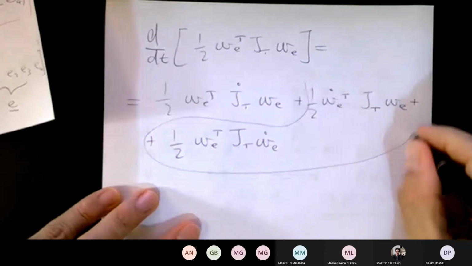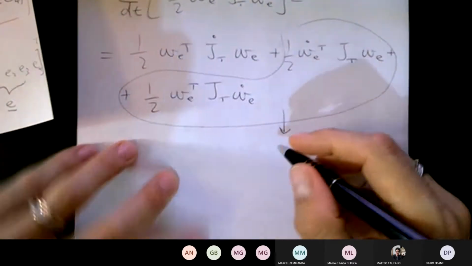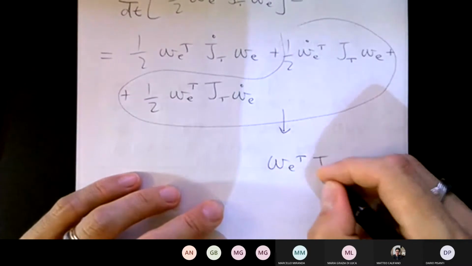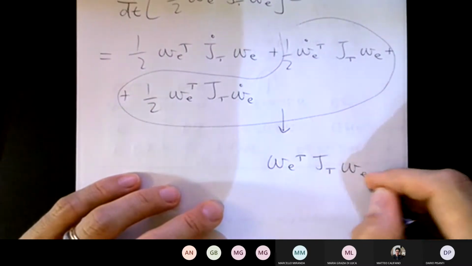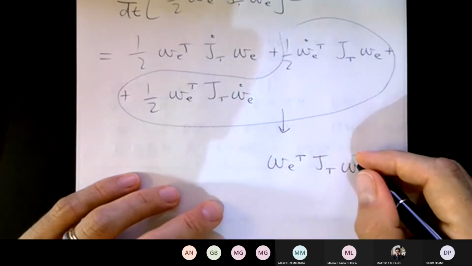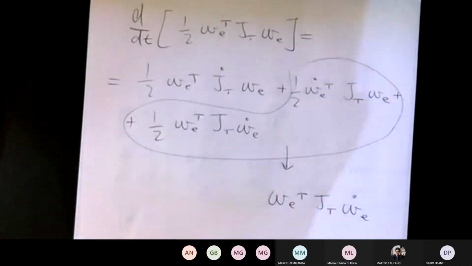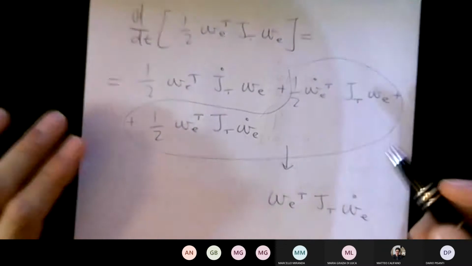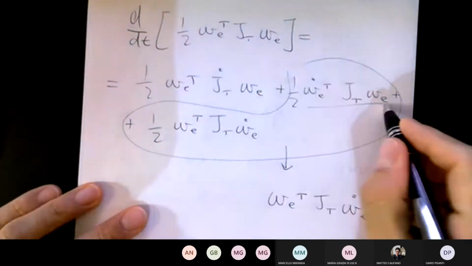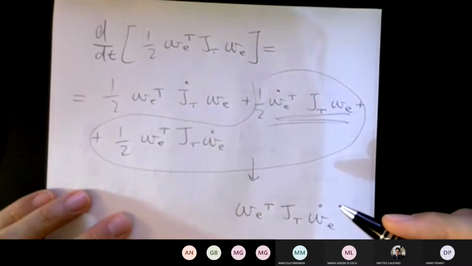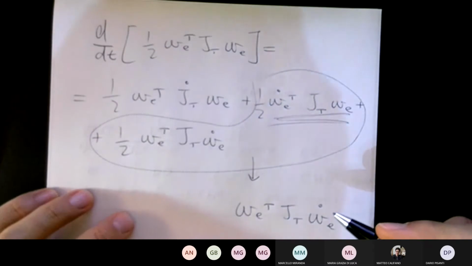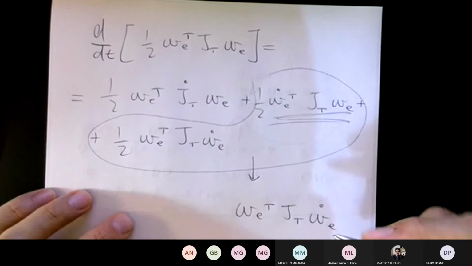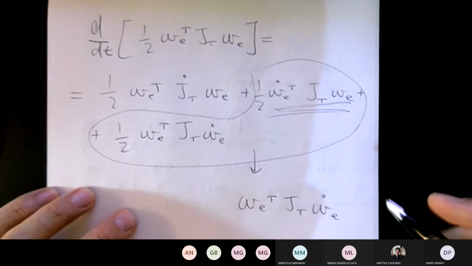So what I'm claiming is that these two are equivalent to omega E transpose J total omega E dot. This can be proven by taking this quantity here and applying the transpose to everything. You can, because the result is a scalar, and transposing a scalar, nothing's going to change.